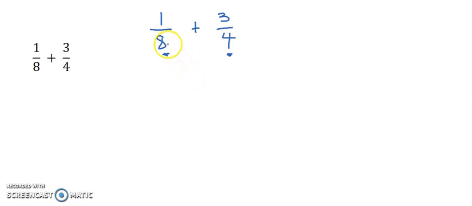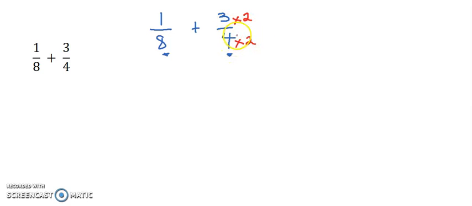Now, I could divide 8 by 2 to get 4, but because I cannot divide 1 by 2, I don't want to change this one. So I look over at 3/4 now. What can I do to the 4 to make it become an 8? I can multiply it by 2, and I would have to do the same thing to the numerator and multiply it by 2.